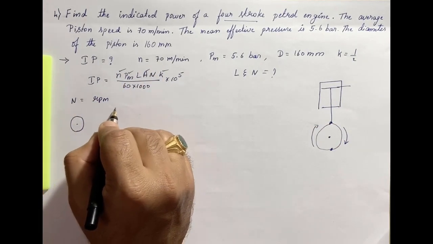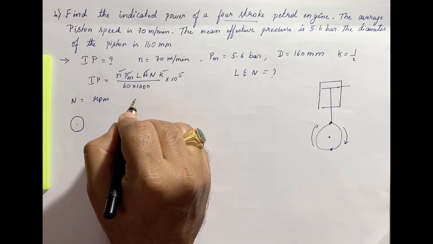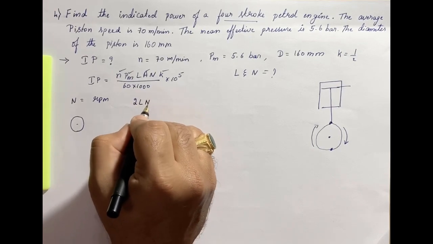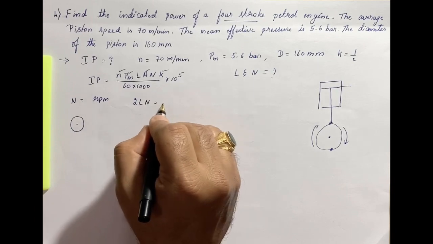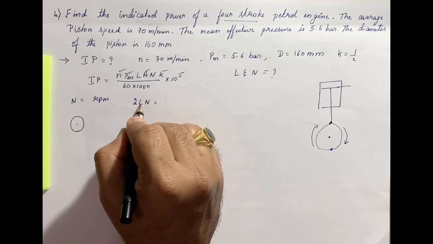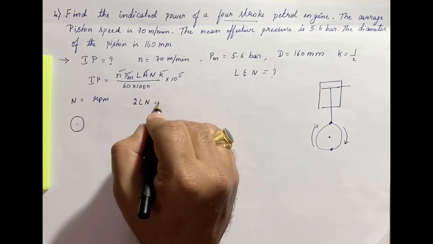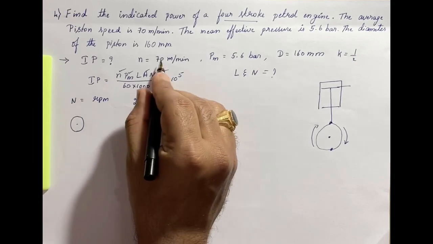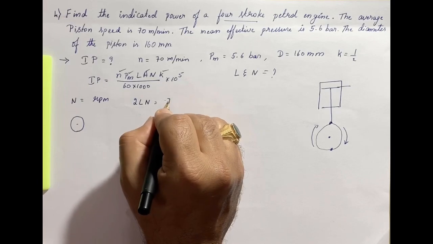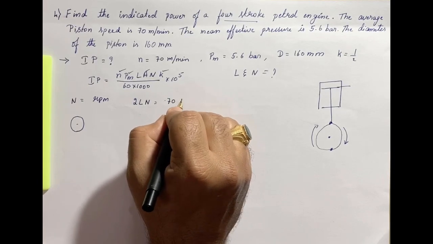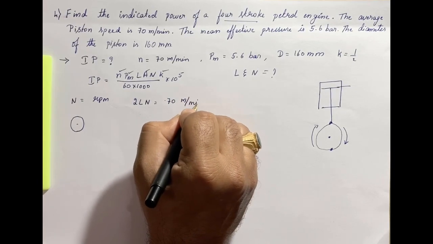That means piston speed is nothing but 2LN, that is 2 times the length into RPM. 2 times the length into RPM is nothing but the piston speed, that is given as 70 meter per minute.